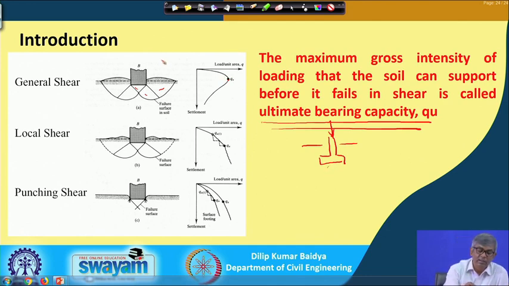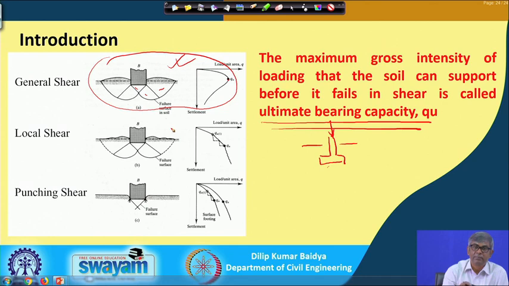Now, if load versus settlement looks like this, then that is called general shear, as mentioned by Terzaghi. Similarly, in some soils, if I load, then below the foundation you may have this, that means these two zones will be distinct, but this zone will not be distinct, this failure surface will not reach the ground surface, and the heaving at the surface will be broken.